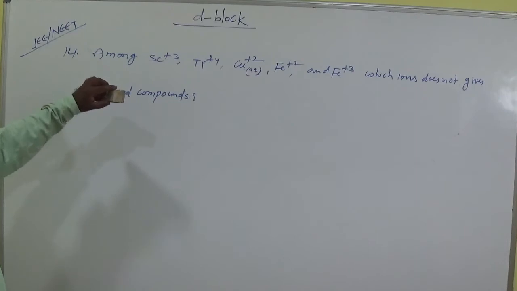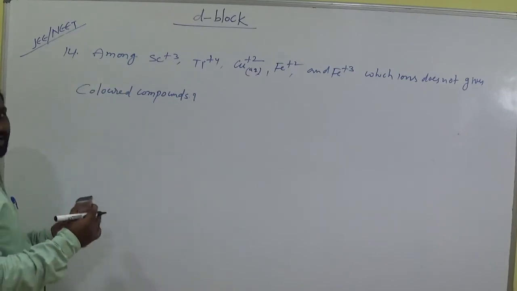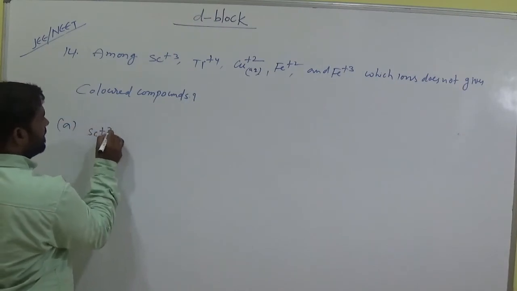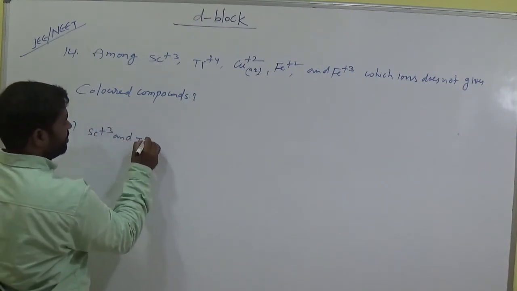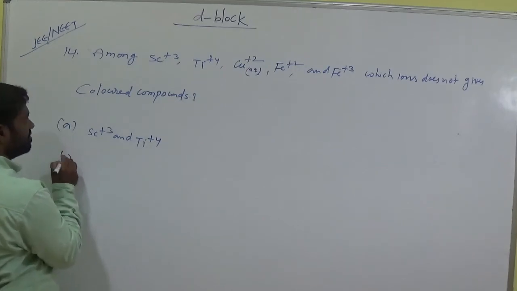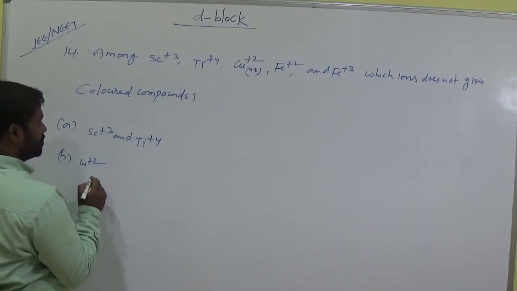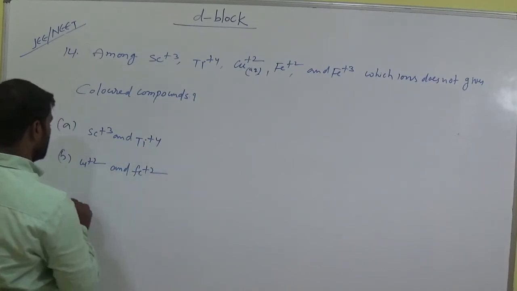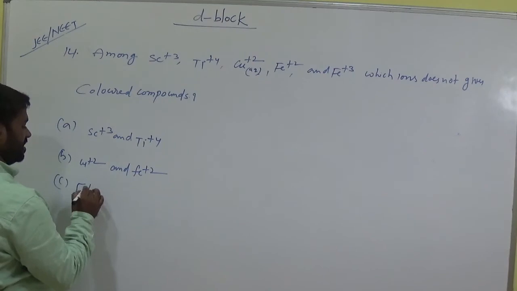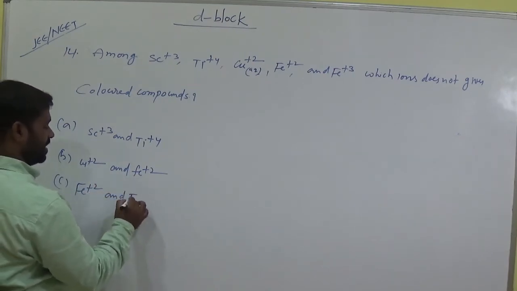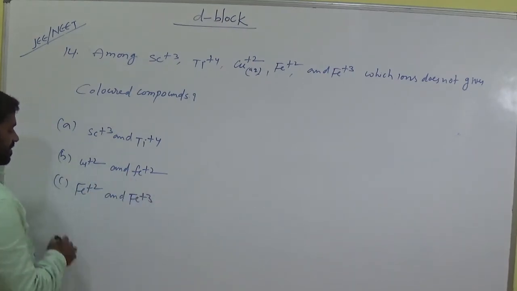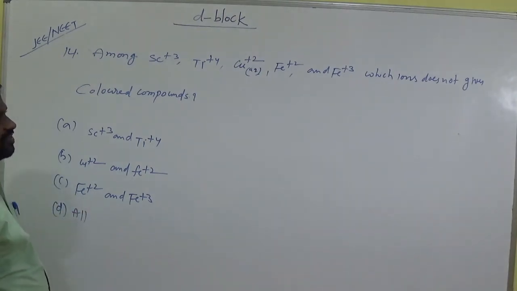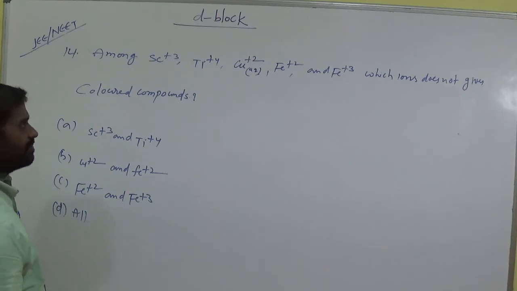Here some ions are given which do not form colored compounds. Option A, scandium plus 3 and titanium plus 4; option B, Cu plus 2 and Fe plus 2; option C, Fe plus 2 and Fe plus 3; and option D, all. So which pair does not form colored compounds here?